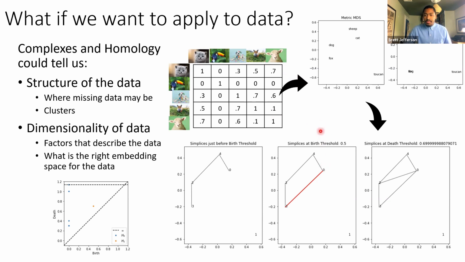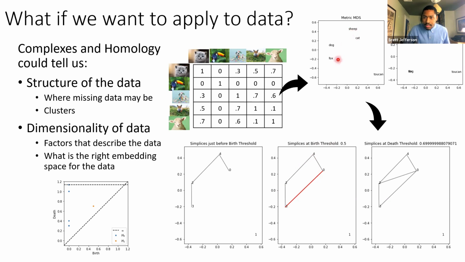Homology also can tell us something about what dimension this data lives in, right? So if I take all my fuzzy animals and I get a 3-dimensional hole, well, maybe I should use 3 dimensions to model my animals. And another thing is basically dimensions of the data. So if I look at this kind of multi-dimensional scaling representation of the data, I might say that, okay, sheep, fox, cat, dog create a hole.